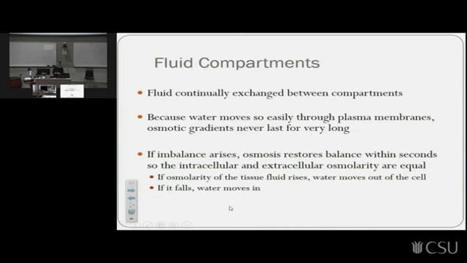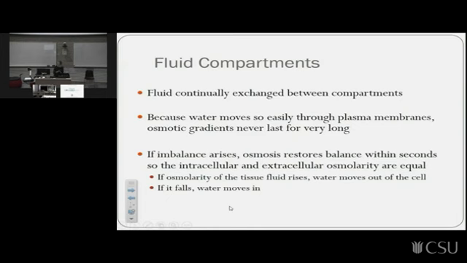Because water moves so easily through plasma membranes, osmotic gradients never last for very long. So between the intracellular fluid and the extracellular fluid, any imbalances can be restored very quickly. This is done through those homeostatic pathways. As soon as the body detects that there's either an increase or a reduction in water, it activates mechanisms that oppose it to get it to a nice even balance.